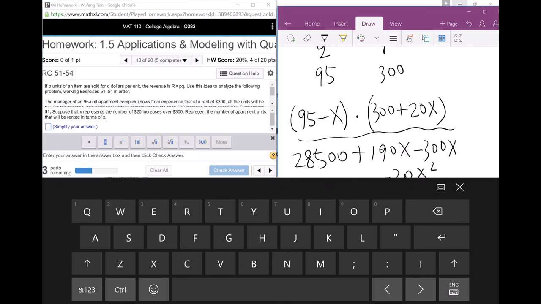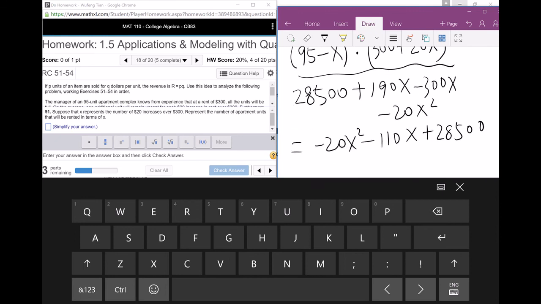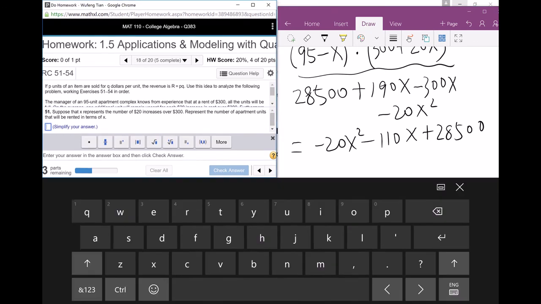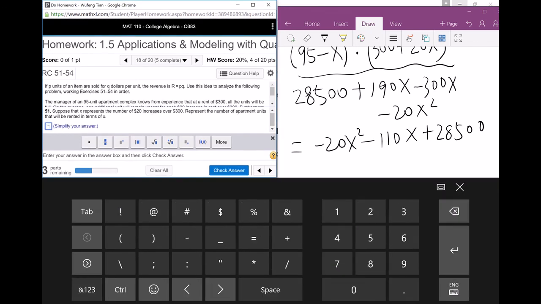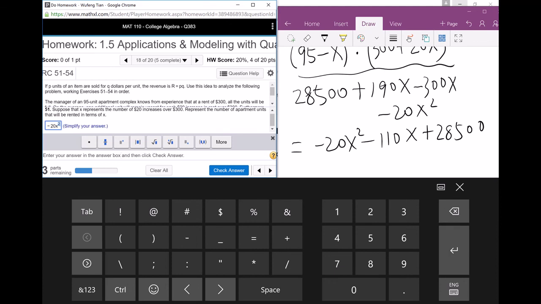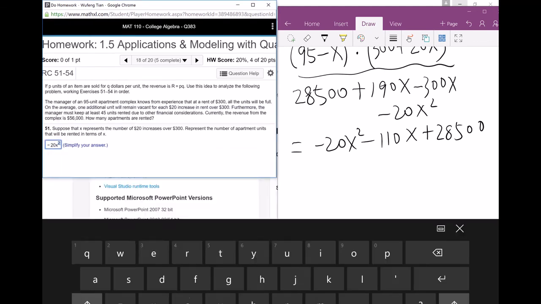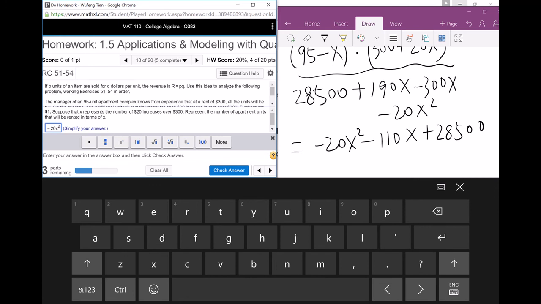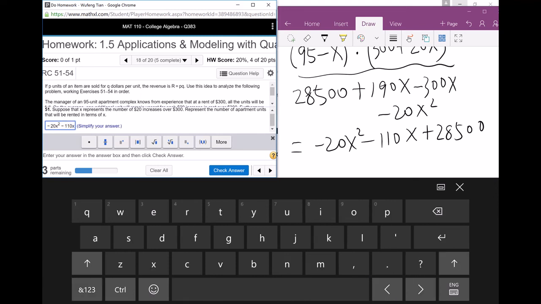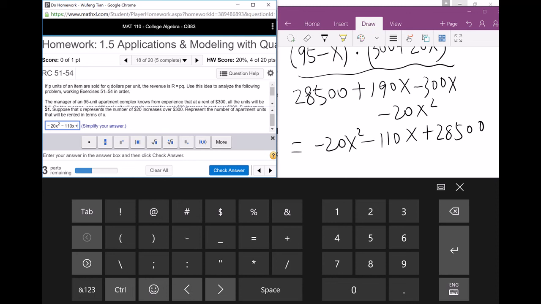Now let me type in the answer here. Negative 20, x squared, then minus 110, x, plus 28500.